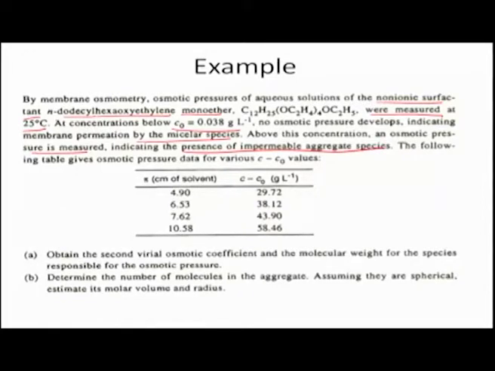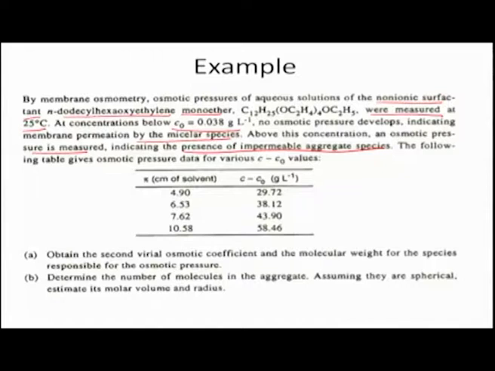impermeable aggregate species. The reason they are showing aggregate species is that when you put ionic surfactant in a solution, they tend to aggregate, but that aggregation depends on the concentration. So, above this concentration an osmotic pressure is measured, indicating impermeable aggregate species.